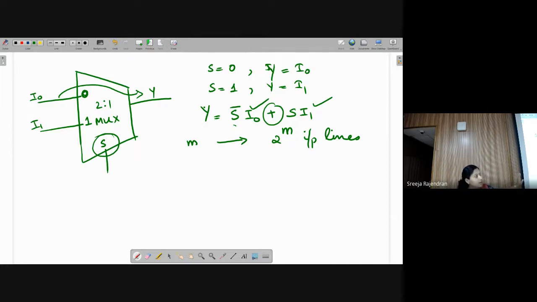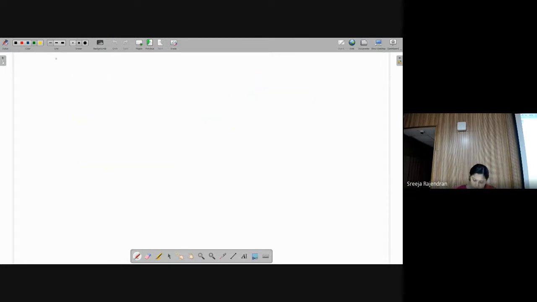Instead of this kind of implementation, even for other circuits like adders or any Boolean expression, if I am able to use a multiplexer to realize it, maybe the circuit will be simpler and I can reduce the number of gates I use. So let's see how we do that. We were discussing the 1-bit full adder circuit, so its realization.